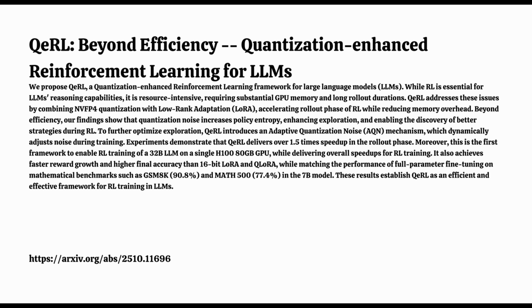And this effect is actually quite similar to techniques like parameter noise that are already used in traditional RL, specifically to boost exploration. So the uncertainty from quantization stops the model from just getting stuck doing the first thing that seems okay. It helps it look around more. That's the idea. It encourages the model to explore more broadly, discover potentially better, higher reward strategies it might have otherwise missed, less getting stuck in those local optima. Okay, so the noise isn't a bug, it's a feature. For RL, at least. For RL, yes.